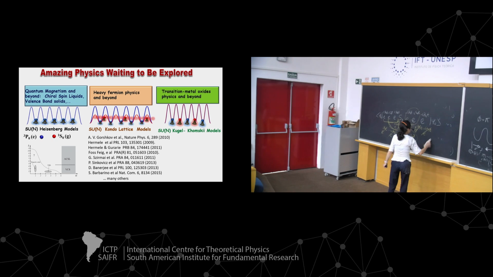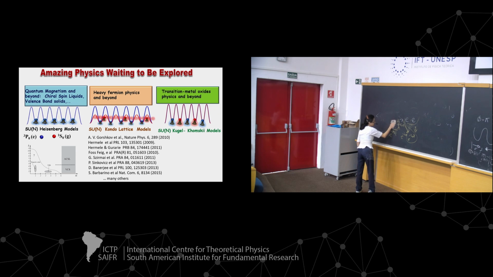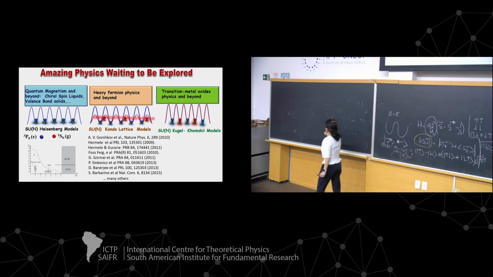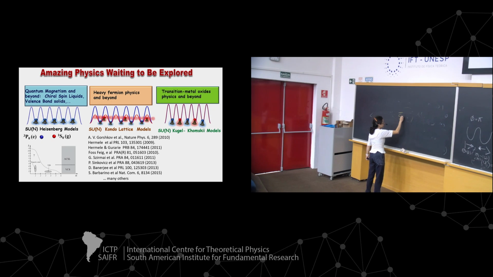As we saw, this part has been focusing on spin 1/2 particles, and the superexchange interaction was of the form S dot S. Subir Sachdev was telling stories about this: it gives rise to an antiferromagnetic phase, singlets are formed, and it is magnetically ordered.